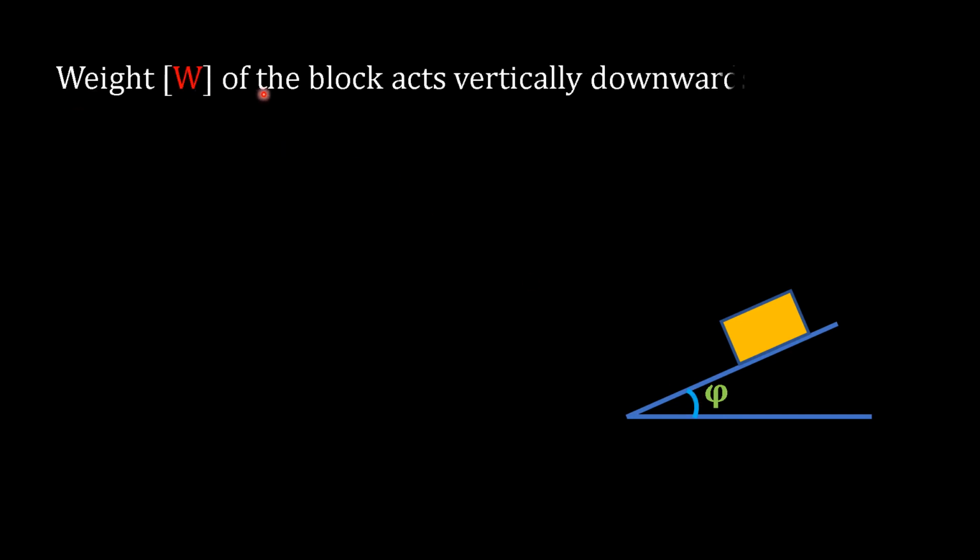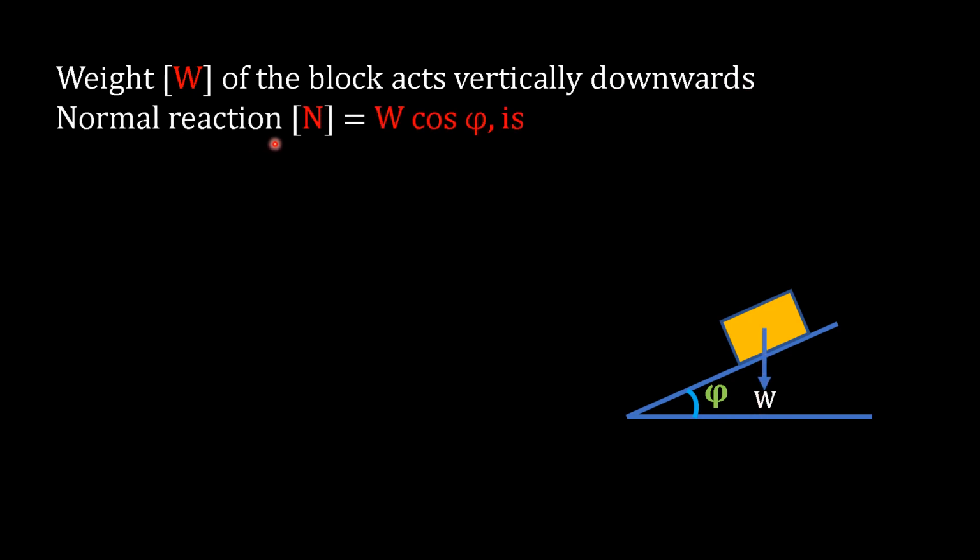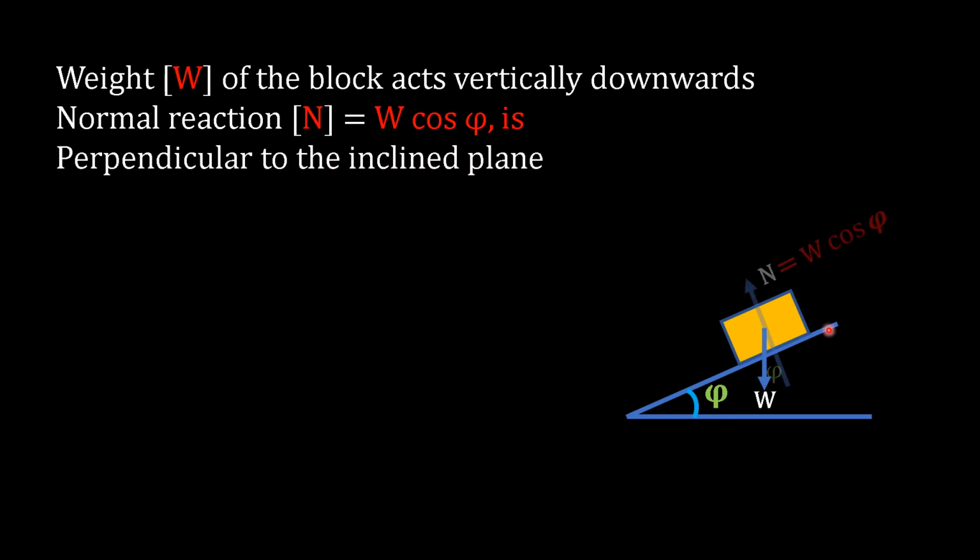On this inclined plane, there is a block and it is on the verge of sliding down. So the angle of the inclined plane is the angle of repose, φ. The weight W of the block acts vertically downwards. Normal reaction N, which will be W cos φ, is perpendicular to the inclined plane.